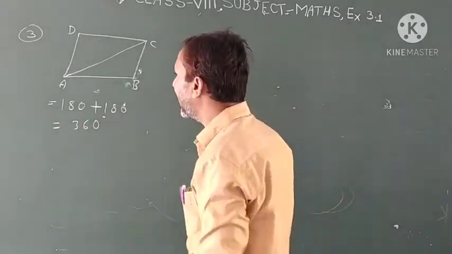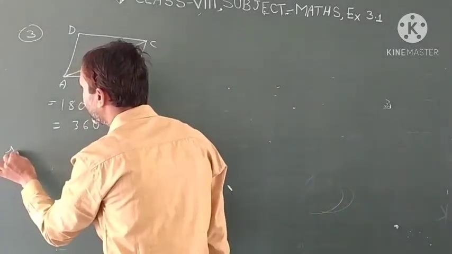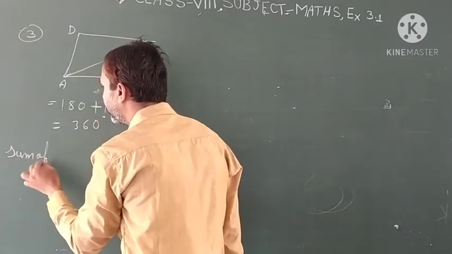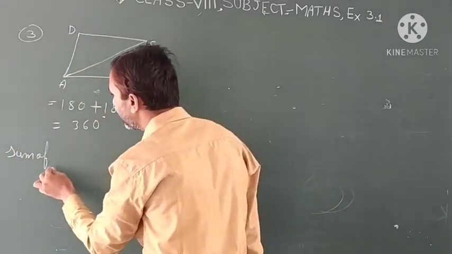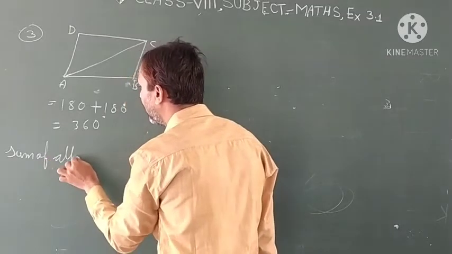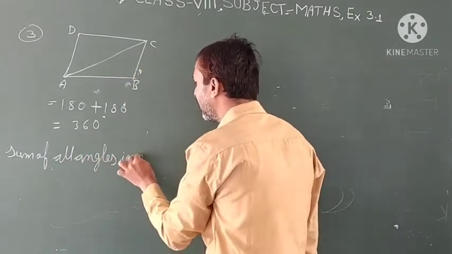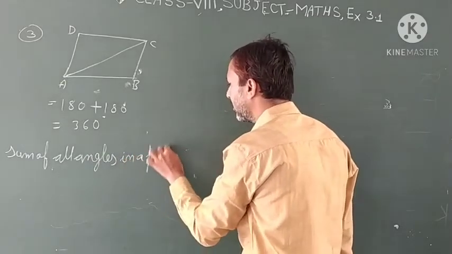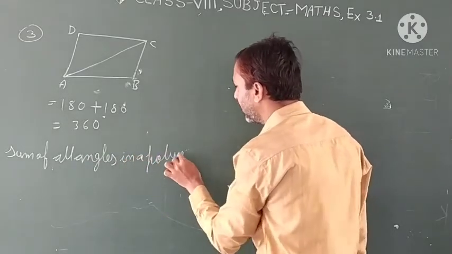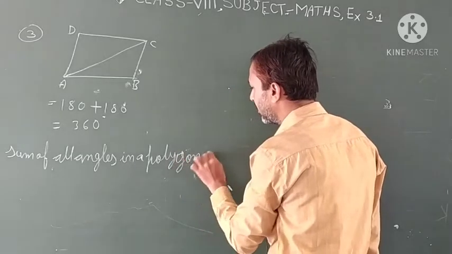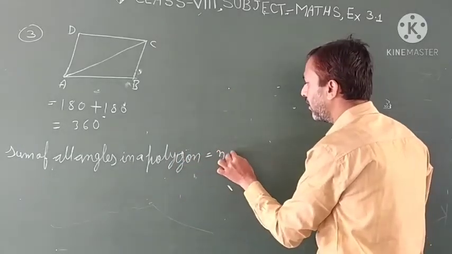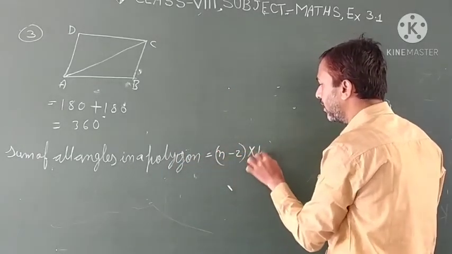And another formula I have: the sum of all angles in a polygon is (n minus 2) times 180.